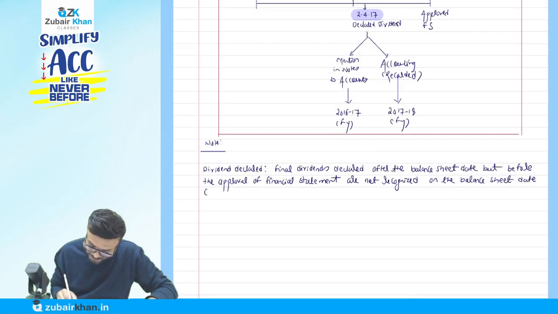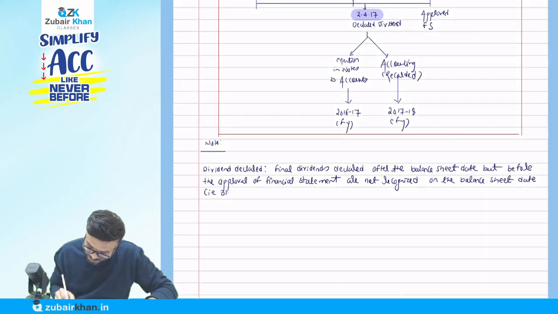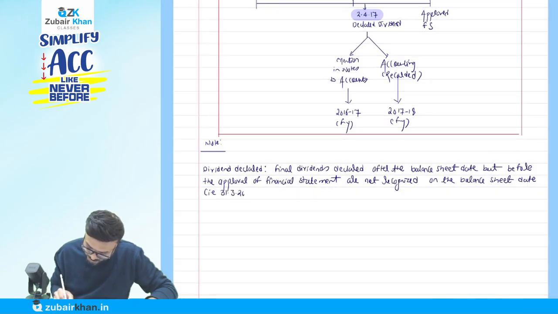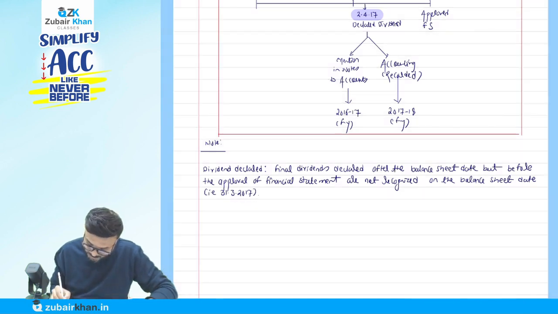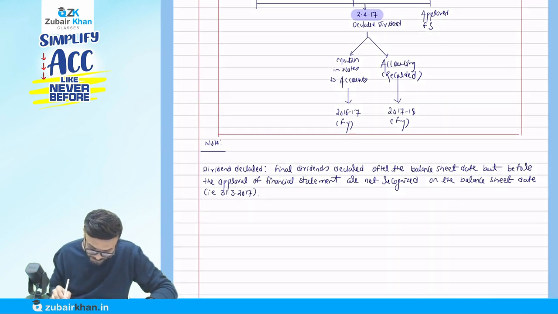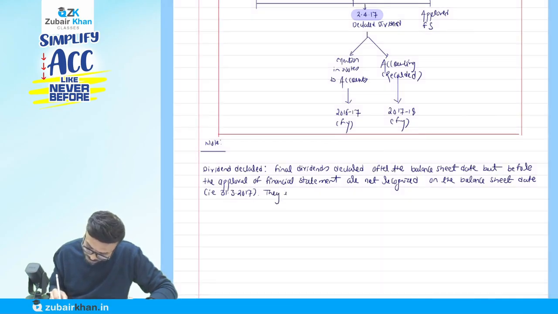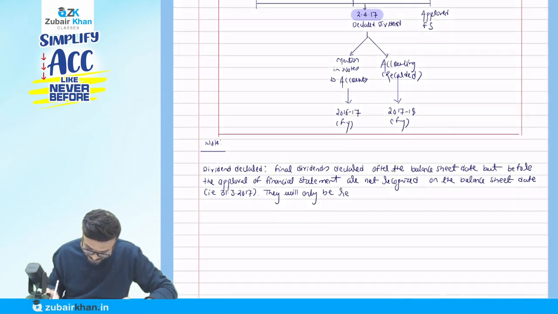You can write it in a bracket, that is 31st of March 2017. Are not recognized on the balance sheet, that is 31st March 2017 in our example. Now write it down: they will only be recognized.